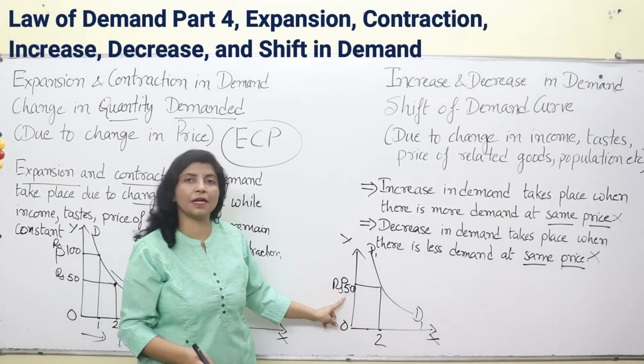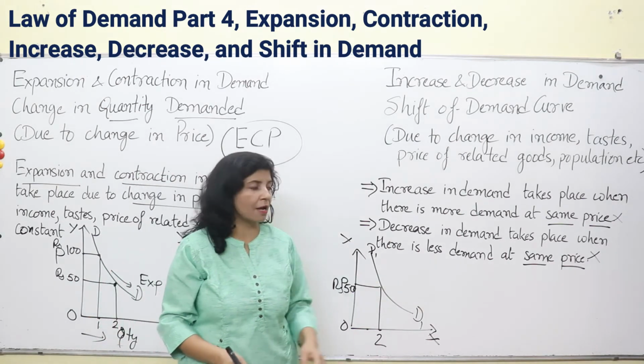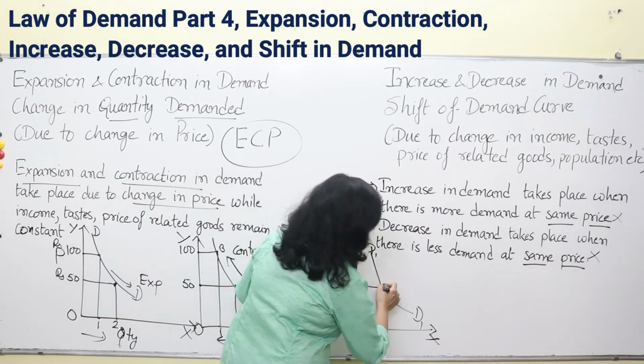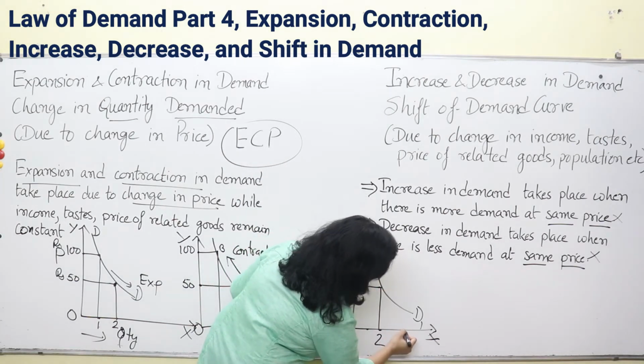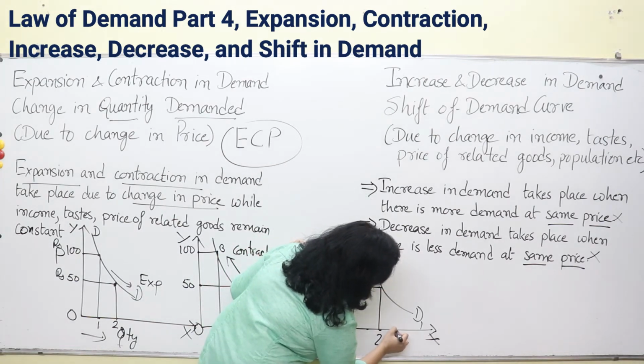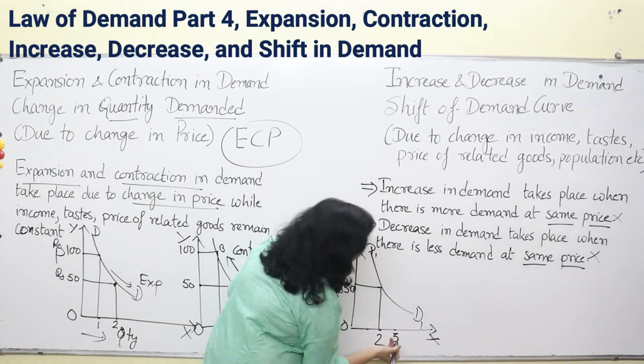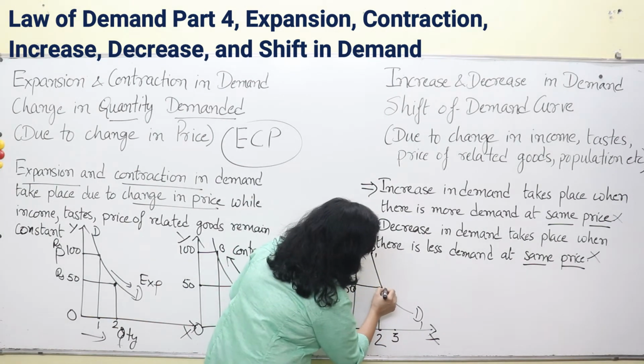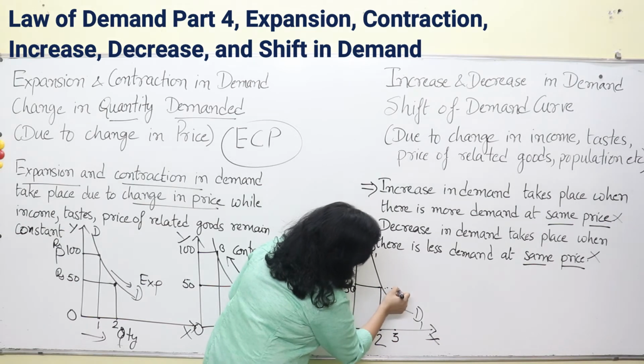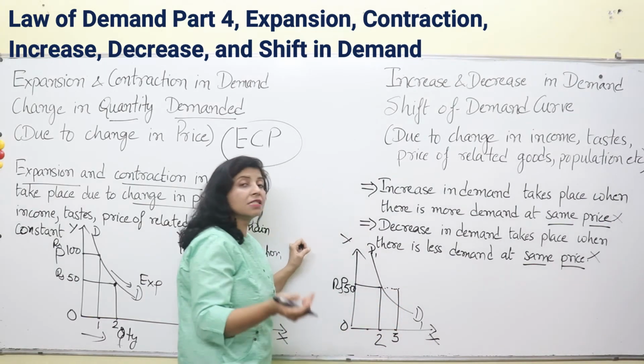At this 50 rupees, I am consuming more nariyal pani. My demand may be 3 nariyal panis per day. So here I am consuming 3 to 4 nariyal panis. There is an increase in quantity consumption.